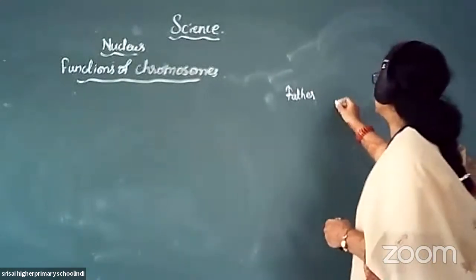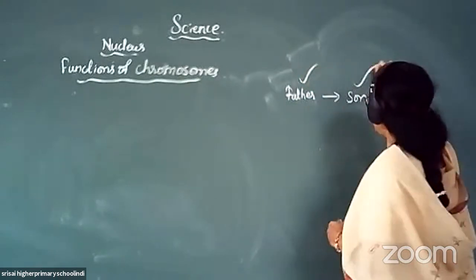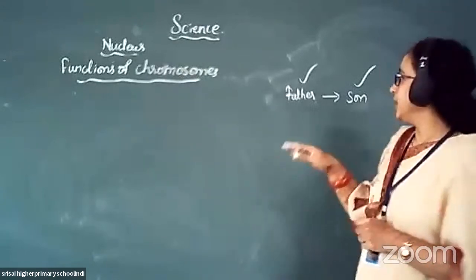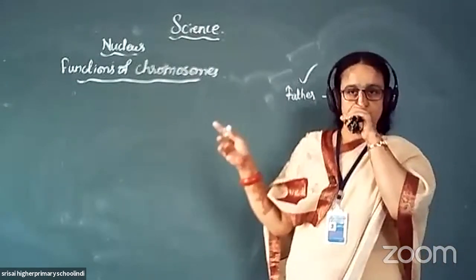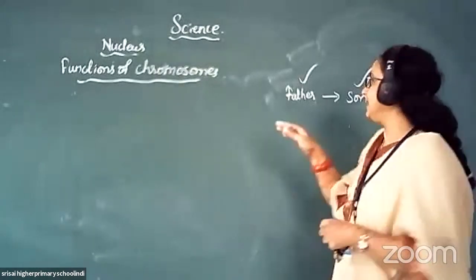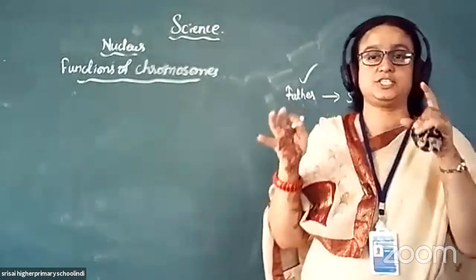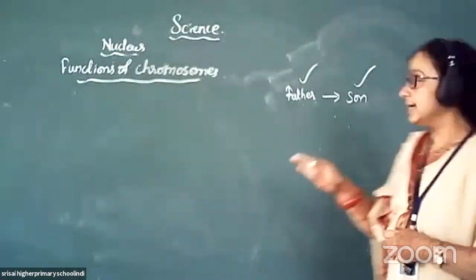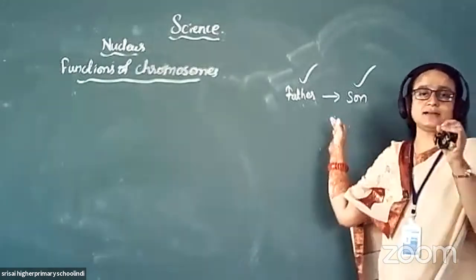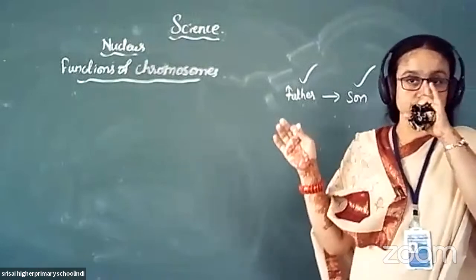Offspring means children. We will take a father and son and compare what the similar things are. If the father has a sharp nose, the son also has one. That means both of them have the same nose structure. The son's nose is exactly similar to that of the father's nose.